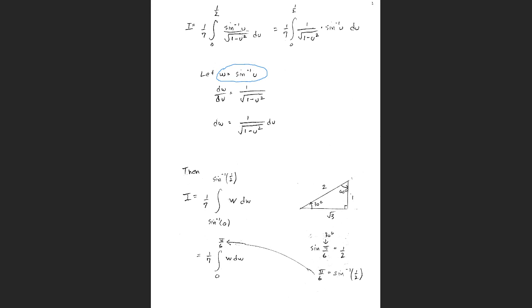what I decided to do was write the integrand. The integrand is the arc sine of u divided by the square root of 1 minus u squared. But I'm going to write that as 1 over the square root of 1 minus u squared times the arc sine of u. It just helps me a little bit in terms of the substitution, because if w is the arc sine of u, then dw/du is 1 over the square root of 1 minus u squared.